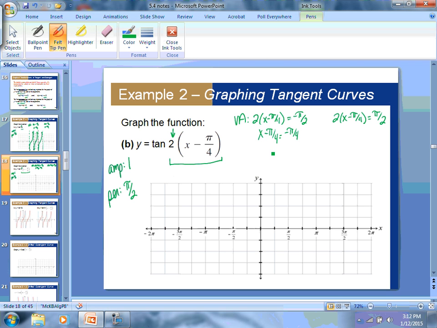And then I add the pi over 4 over, so that's going to be 0. Divide by 2, so x minus pi over 4 equals, again, pi over 4. And I add the pi over 4, so now I get pi over 4 plus pi over 4. That's going to be 1/2, or pi over 2. So now I have shifted where my vertical asymptotes are. I have one at 0, and I have one at pi over 2.